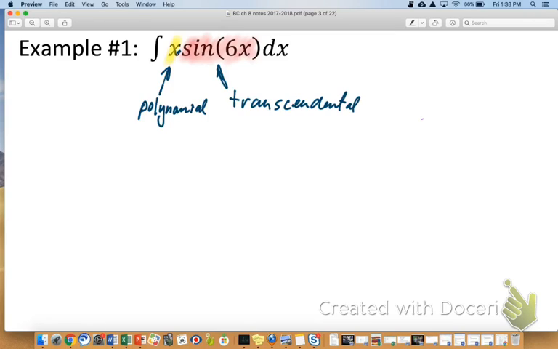Whenever you have this pattern, is this making more sense? This is when you'd want to think about, should I do this integration by parts routine?